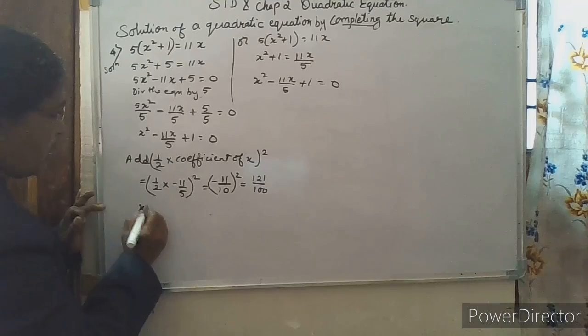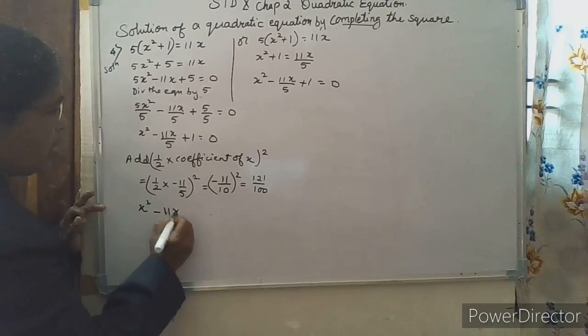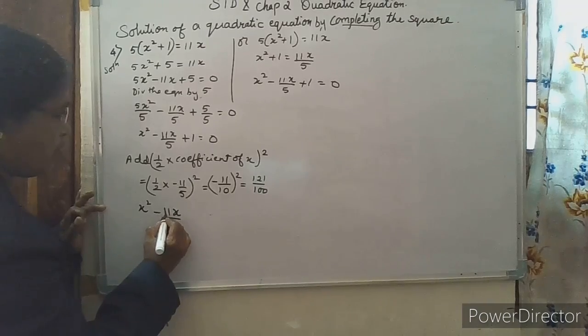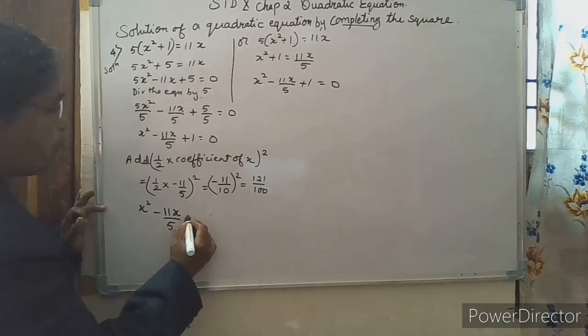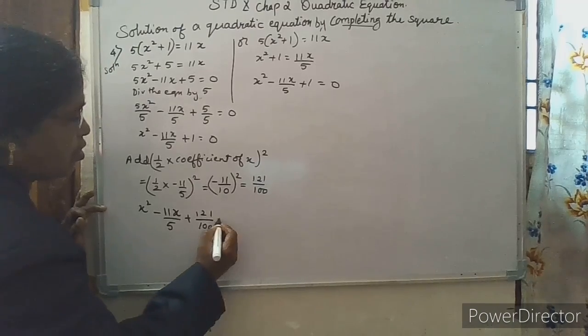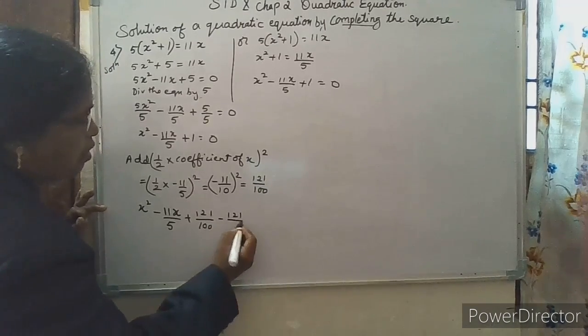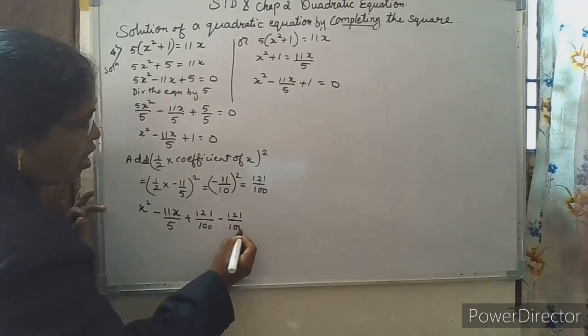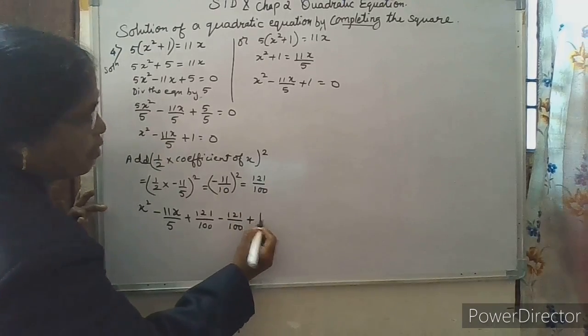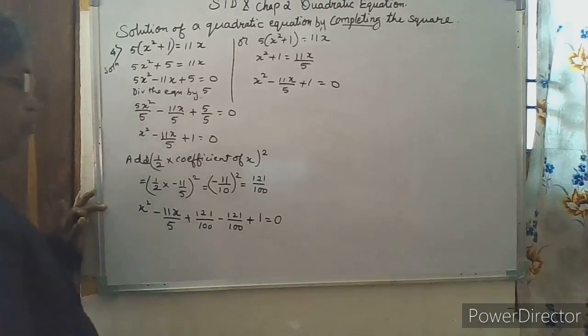Take the equation x squared minus 11x/5 plus 121/100 minus 121/100. Then we have plus 1 equal to 0.